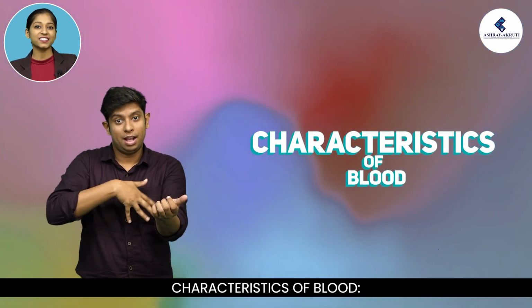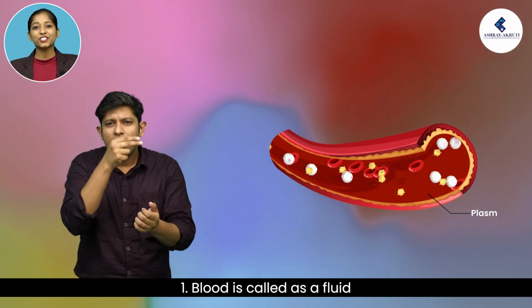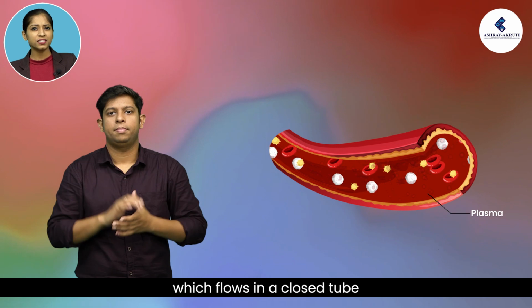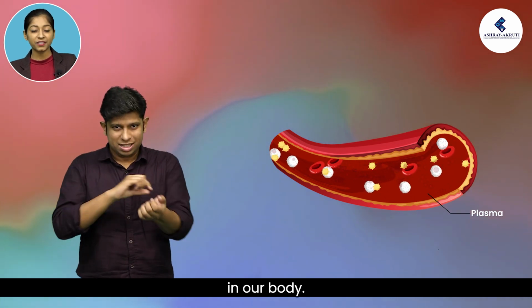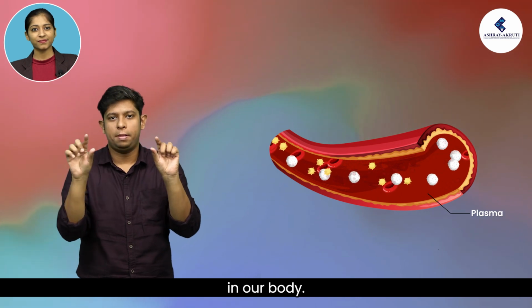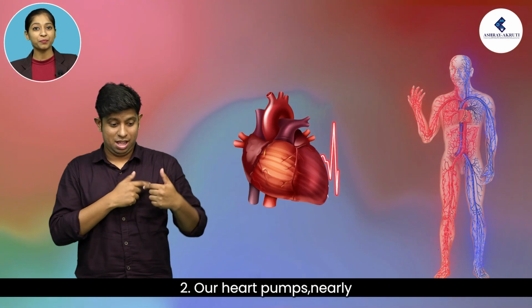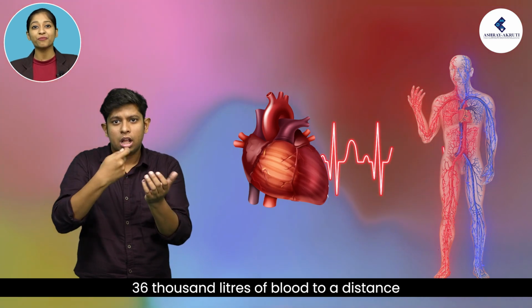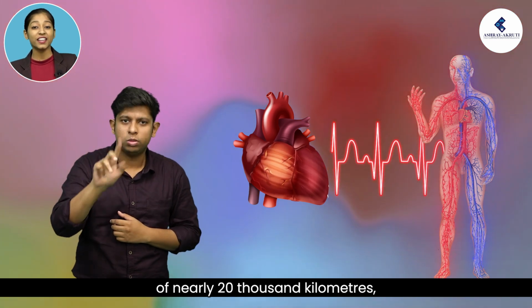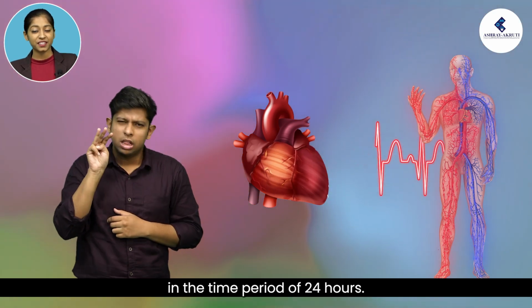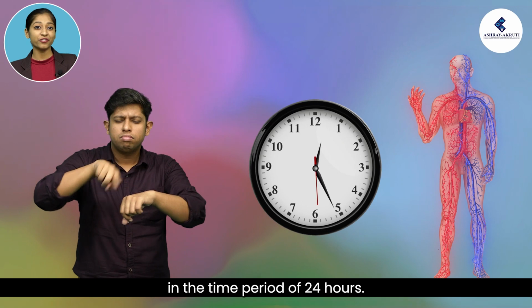Characteristics of blood. Blood is called a fluid connective tissue which flows in a closed tube in our body. Our heart pumps nearly 36,000 liters of blood to a distance of nearly 20,000 kilometers in the time period of 24 hours.